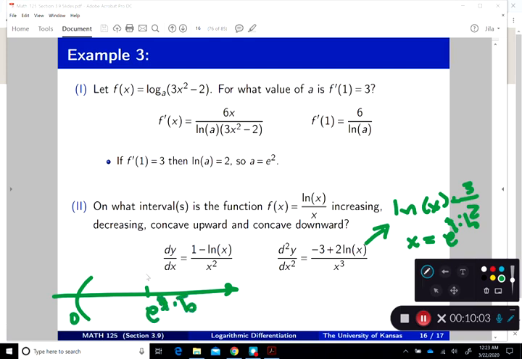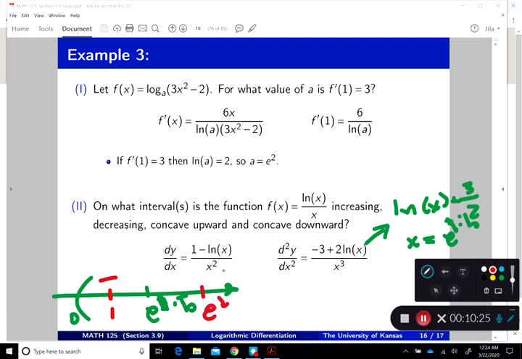1.5, and then using that I have to find some test points, and 1 is a good test point over here. When I plug in 1, I get a negative value. And here I can choose, let's say, e to the power 2.